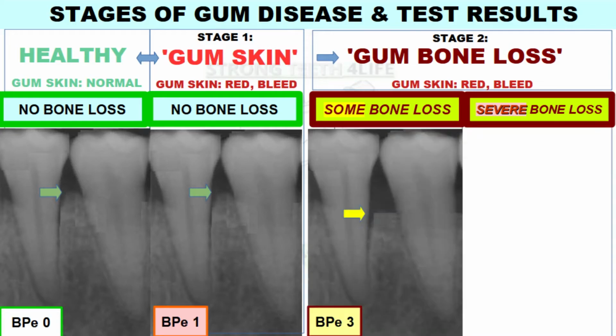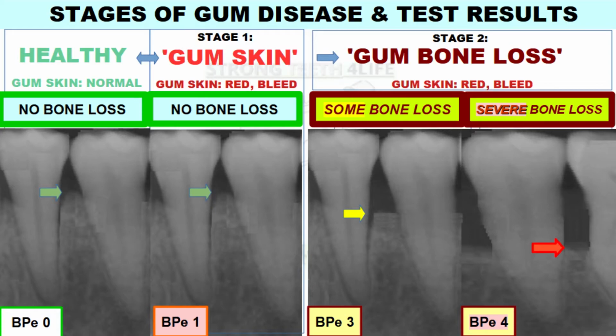With some bone loss, the X-rays show the bone levels have been reduced and the BPE gum score is 3. With severe bone loss, the X-rays show more bone loss around the teeth and a BPE gum score of 4.